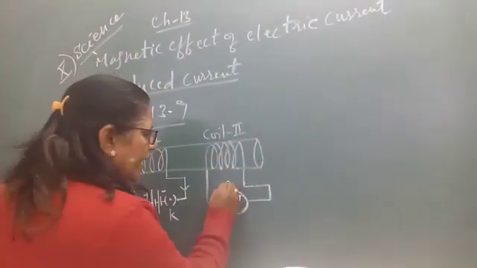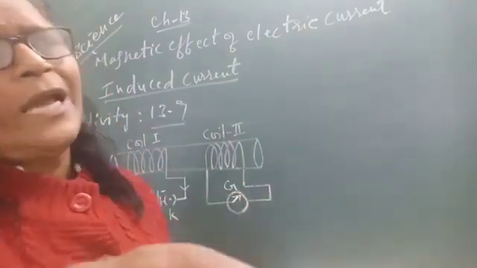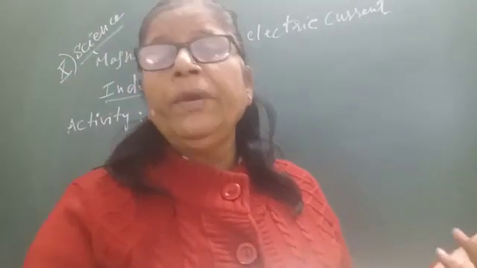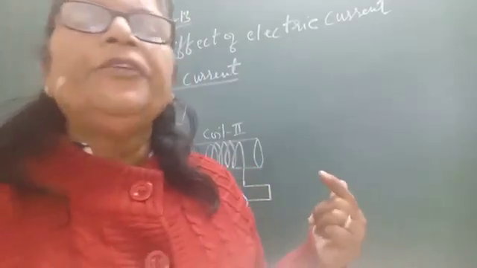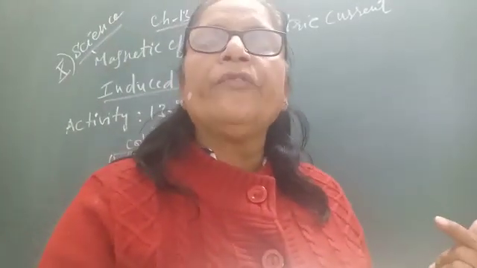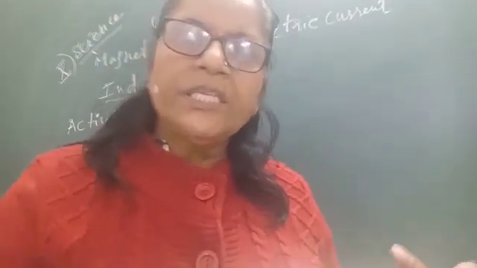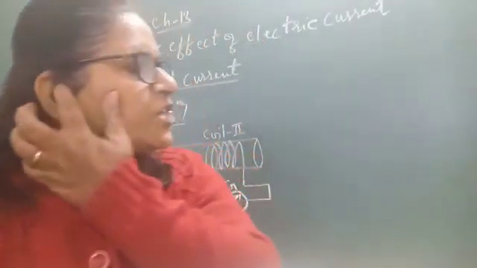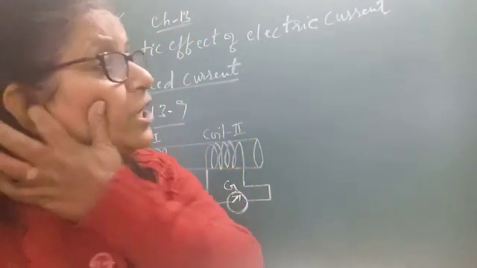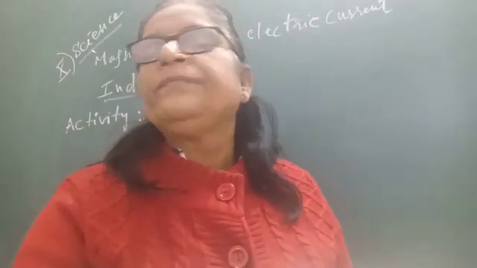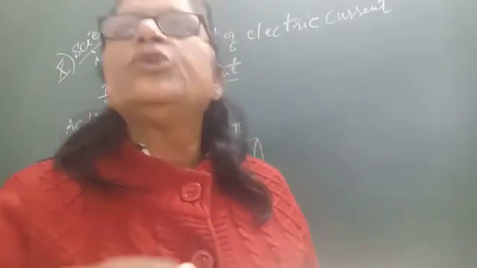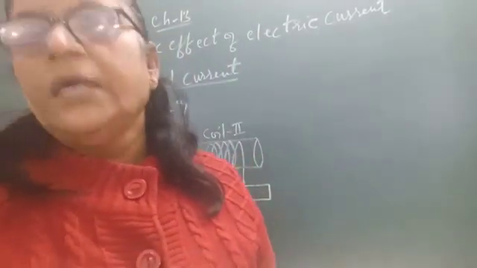Now this is the galvanometer. You know what the galvanometer is? Last time we discussed the galvanometer is an instrument which shows the presence of electric current, whether the current is flowing or not. A deflection seen in the galvanometer means current is flowing through it. If it shows 0, it means no current is flowing through the circuit.